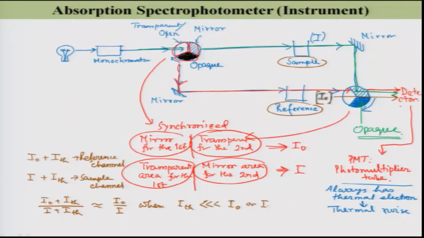If this ratio changes, then the log of this ratio will change, and the absorbance will change. So, there will be a lot of problems in the measurement of absorbance. So, somehow I have to subtract this ITH. I have to get rid of this term.